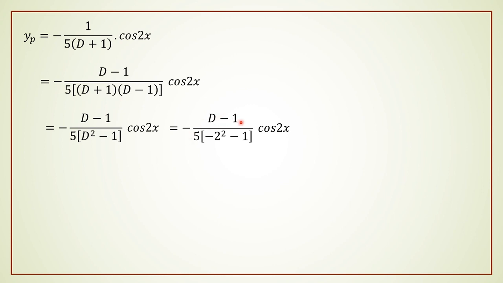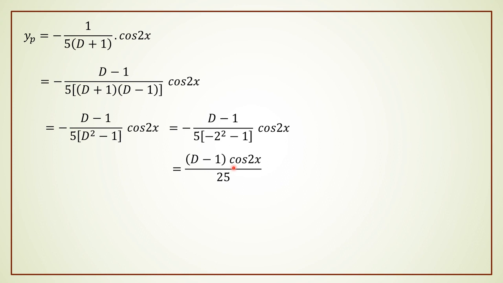Minus of (D minus 1) divided by 5 into (minus 2 square minus 1) into cos 2x. So minus 2 square minus 1 is minus 5, into 5, it is minus 25. But you have one more minus sign over here, so it becomes plus 25. So the equation reduces to the form (D minus 1) into cos 2x divided by 25.